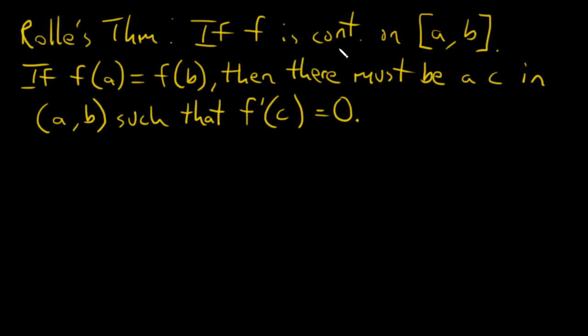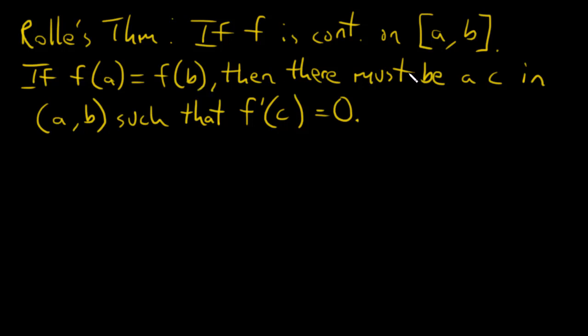What this is saying, first off, we have f is a continuous function on the interval from a to b. We sort of need that so that we don't have some crazy behavior going on with jumping all over the place. So if it's continuous, we can't pick up our pen at any point. So it's a nice unbroken function. Then if f of a equals f of b.